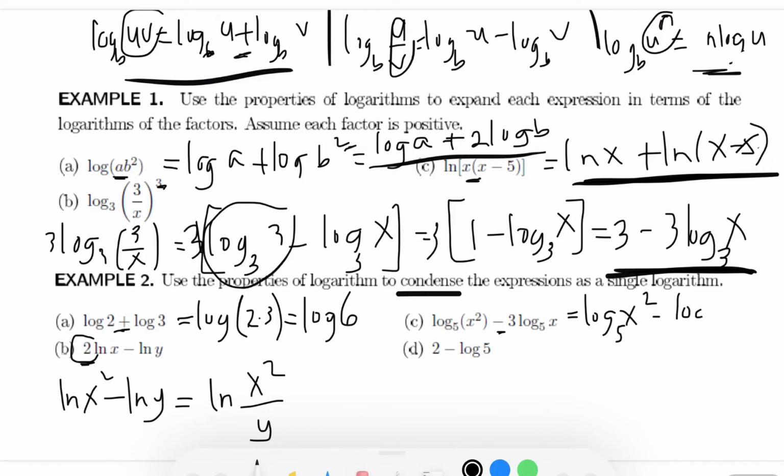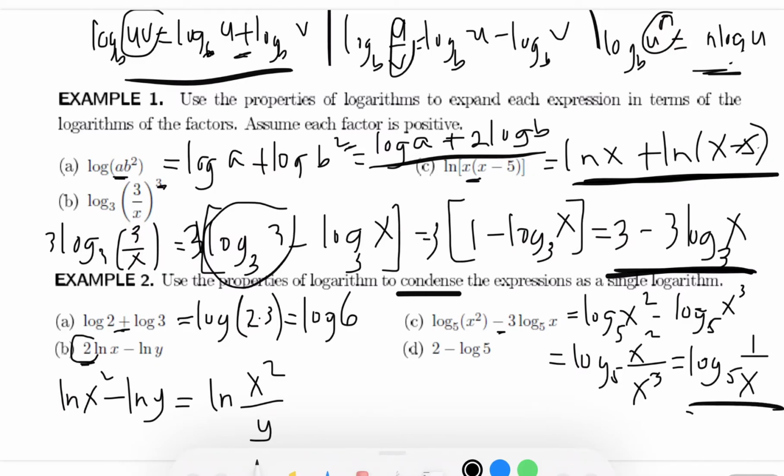So this is now log of x cubed base 5. This is minus, so division, log of 5, property number 2 or law number 2. And so by simplification, this is now 1 over x. So this is our final answer.